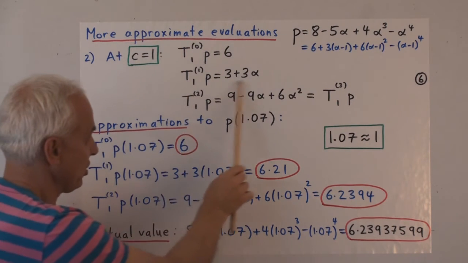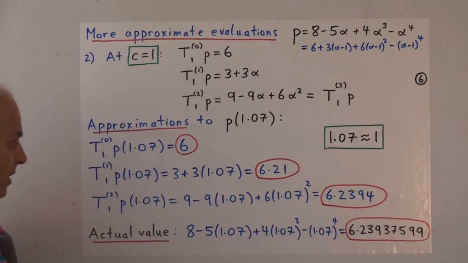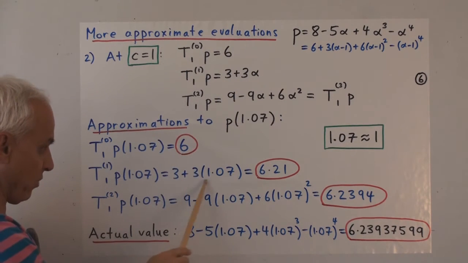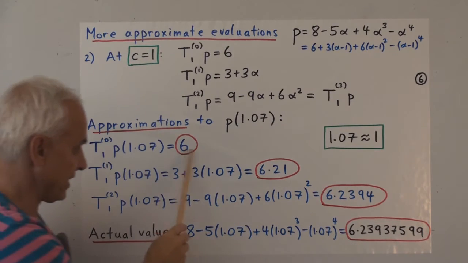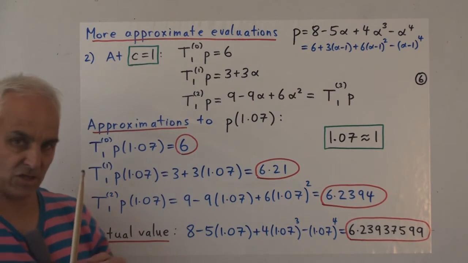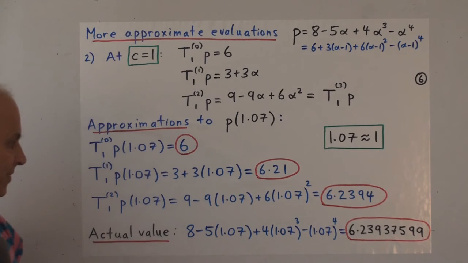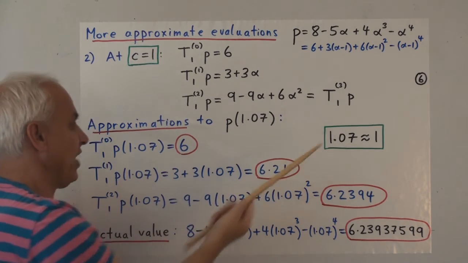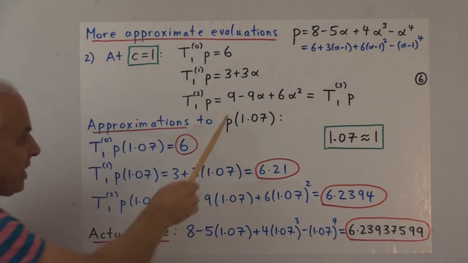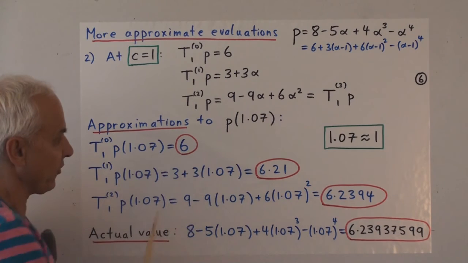A better approximation with the first tangent, which is 3 plus 3 alpha. We plug in 1.07, we get 6.21. That's now a better approximation. Has 2 decimal places. The second tangent, which happens to also be the same as the third tangent, is 9 minus 9 alpha plus 6 alpha squared.